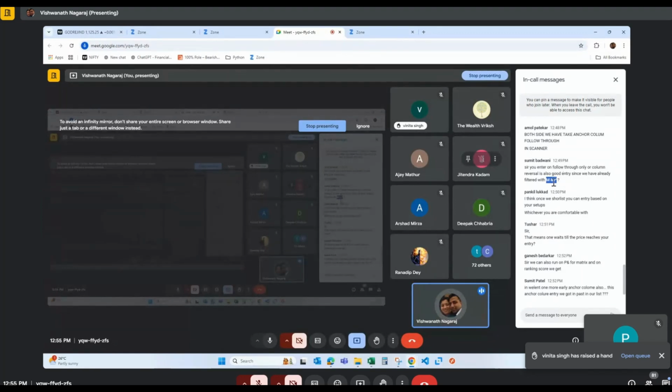With a scanner, maybe you should write a scanner with anchor column at maybe 2 or 4 or 6 or something like that, and then the next double top buy, when it happens, you'll need to be able to enter. You'll need to write that scanner, but I go with the popular scanner that they have put. I think once we shortlist, you can take entry based on your setups.